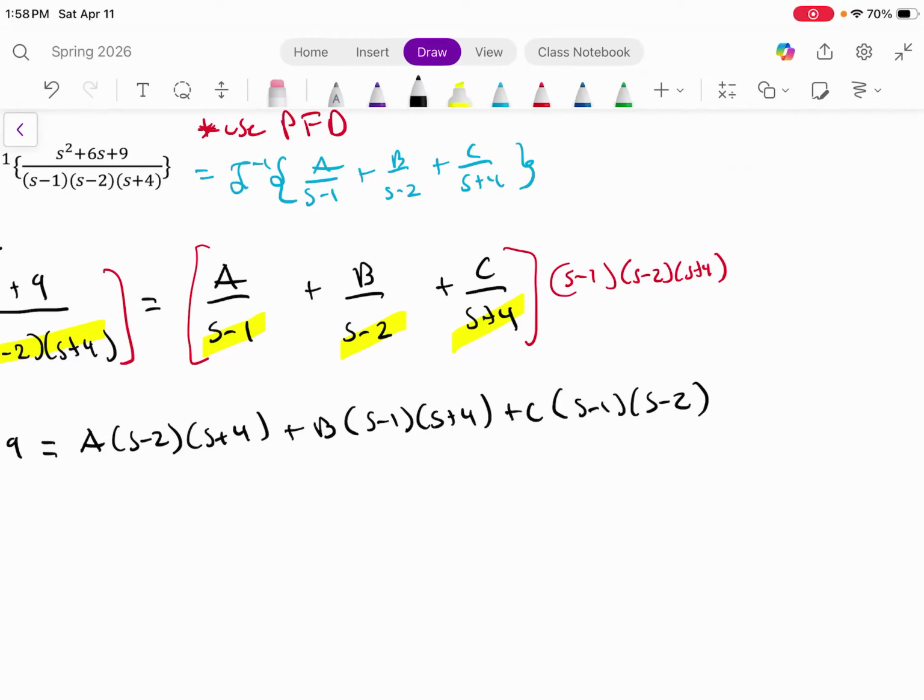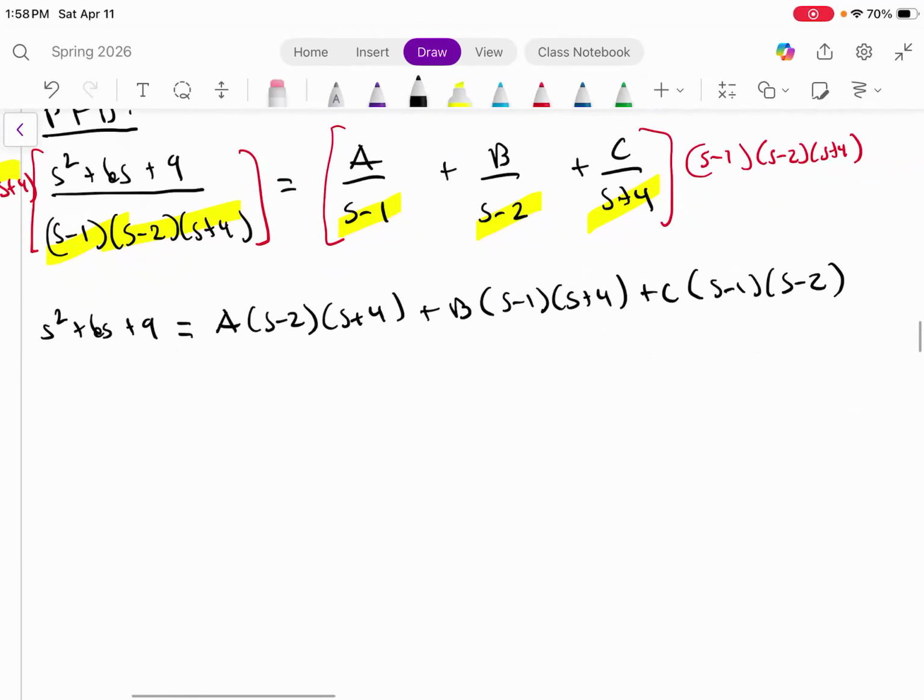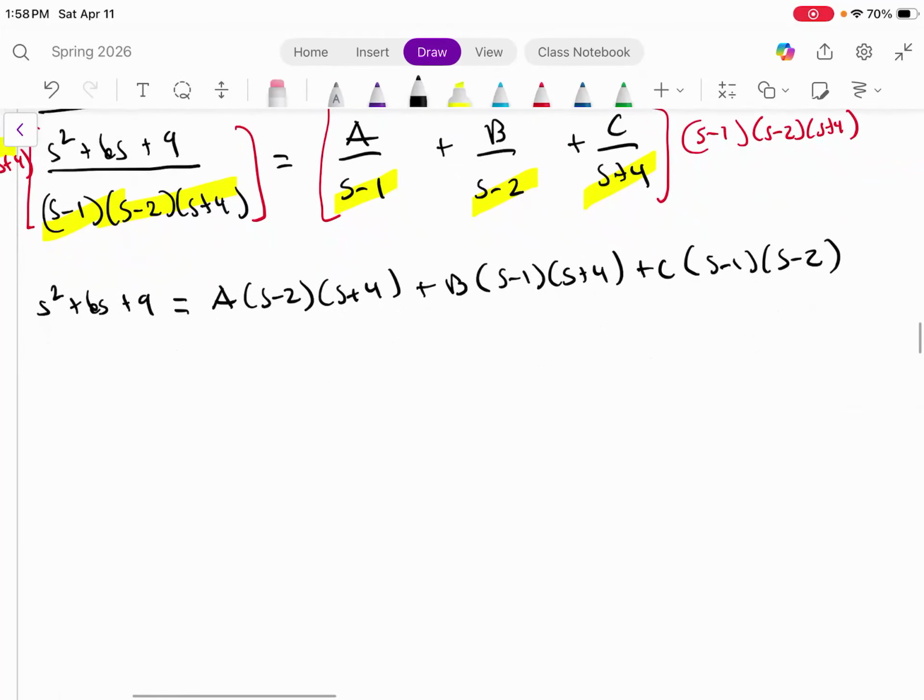What we want to do now is figure out what A, B, and C can equal. When you learn this in Calculus 2, hopefully you learned about two different methods to solve this: one being a system of equations, or one being choosing values to eliminate other values.